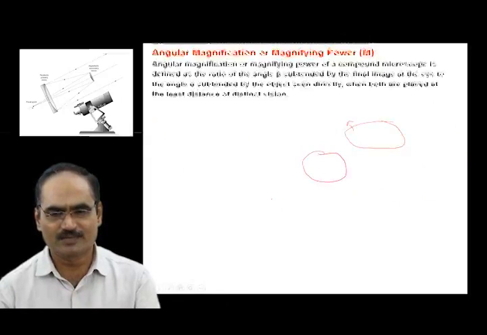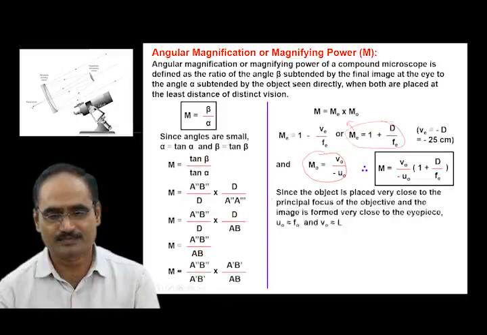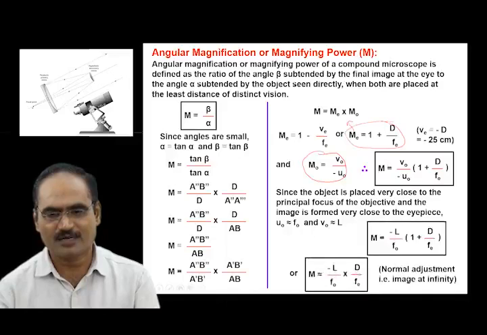Similarly, let me come back here. V naught is the length of the tube, because that is between the first lens and the second lens, that is, the objective and the eyepiece.